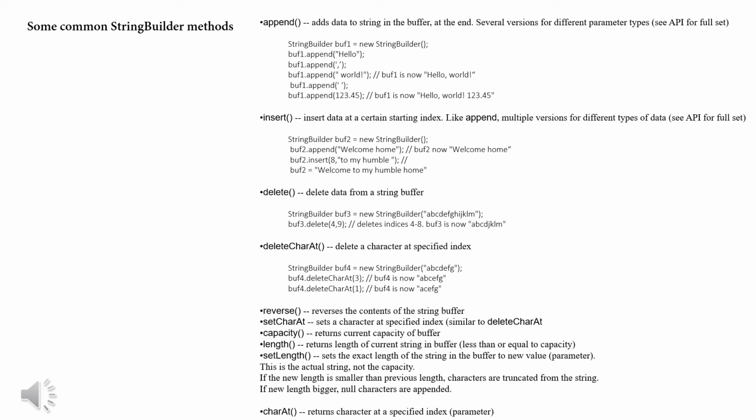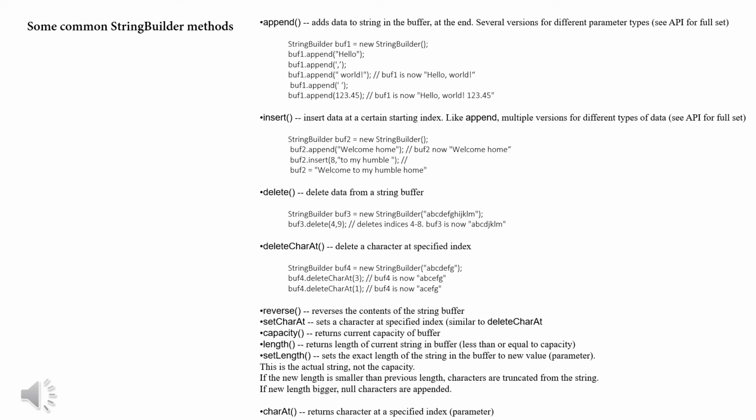What you need to write is the name of that string, buff4.deleteCharAt. As you see, the index of D here is 3, so 0, 1, 2, 3. So buff4.deleteCharAt(3).